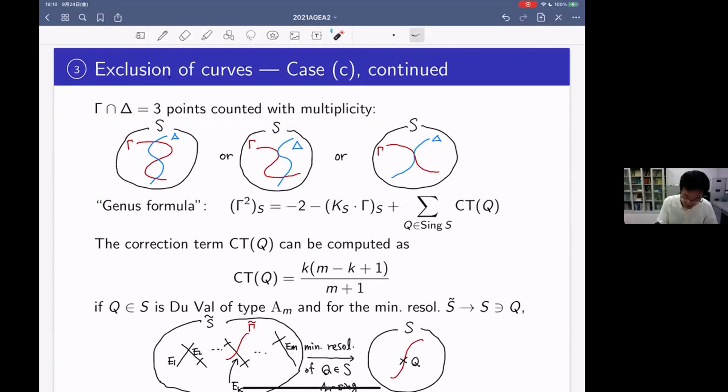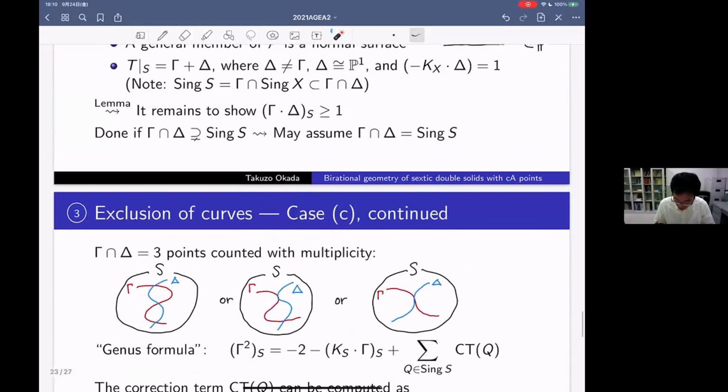Firstly, we have 3 points. In the second case, there is a multiplicity 2 intersection, and this is 1. And the third is a multiplicity 3 intersection. So we are in one of these 3 situations.